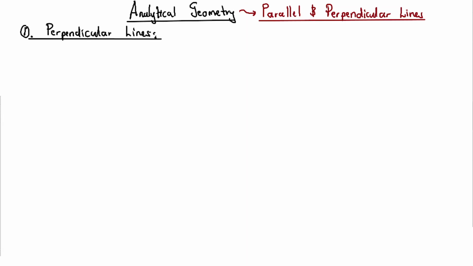Now, let's say I have two lines on the Cartesian plane. Let's call this one line 1, straight line 1.